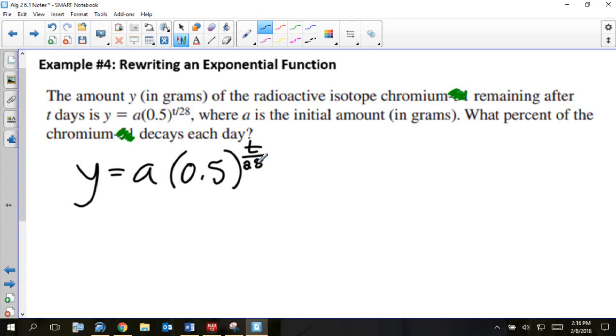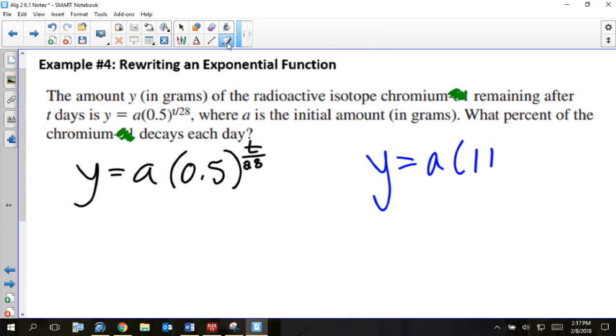To find the percent, I need to figure out if this is a growth or a decay model, which it tells you. It says decays. So I'm going to use y equals A times (1 minus r) to the t as my model.